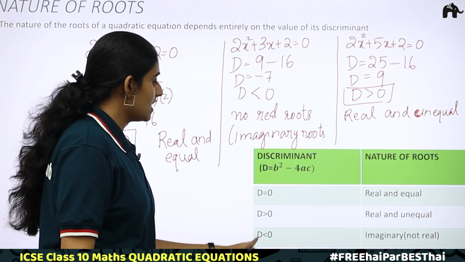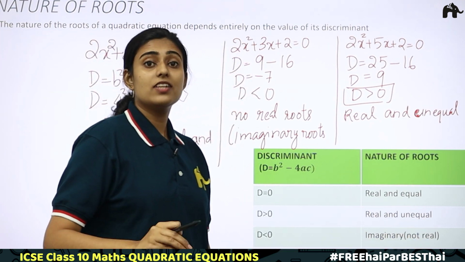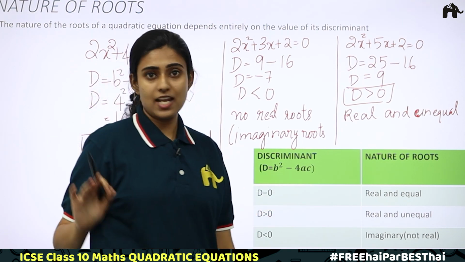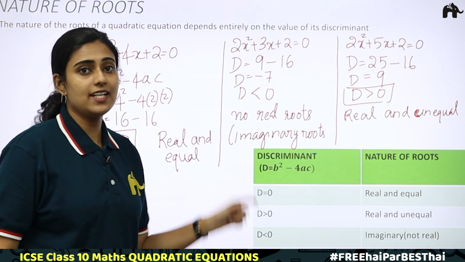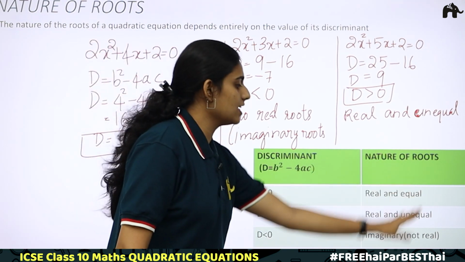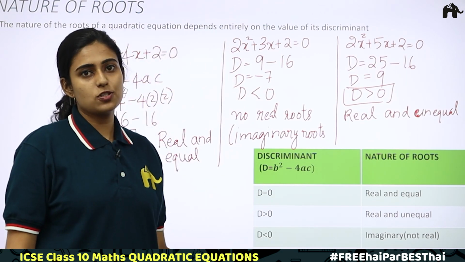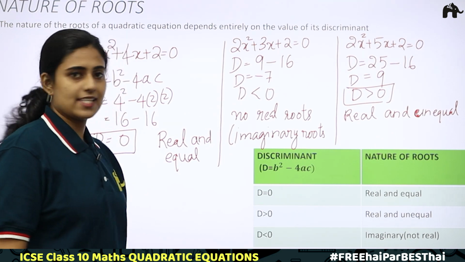When discriminant is less than 0, we get imaginary roots or we get no real roots. If you study how to find discriminant and study these conditions, that is this table, you will be able to solve the coming examples. Let's do the example questions.